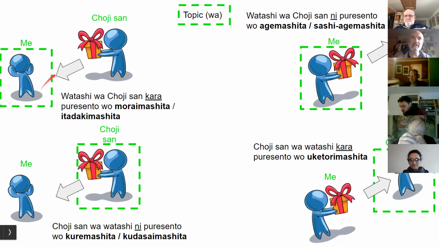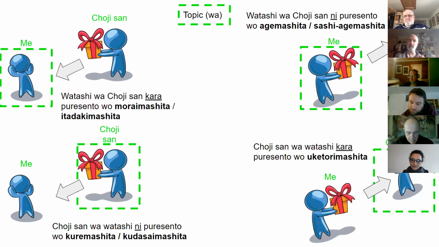Now, moraimashita and itadakimashita, the words themselves don't actually suggest a lifting up or a going down, but they mean gratefully. So you can only really use these for yourself or somebody that you know very well. Uketorimashita is a bit of a problem, because if it's you giving the present to somebody else, you cannot say that the present was passed down to them.